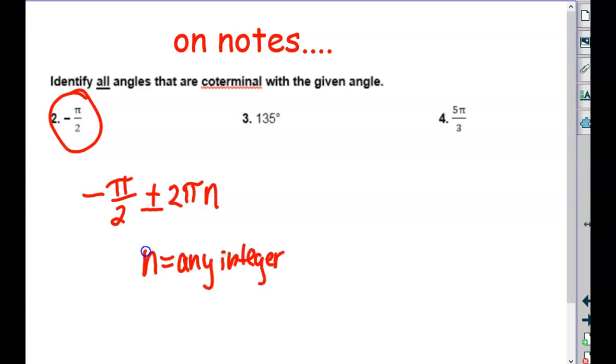Now, I'm going to be real kind and not make you write n is any integer for everyone, but you need to understand that that's why this works. It's because you could add 1 rotation, 2 rotations, -5 rotations, and you'd get multiple names the same. So real quick, number 3, what do we write there? 135 plus or minus 360 n. And the last one?